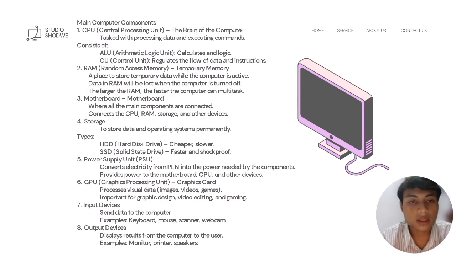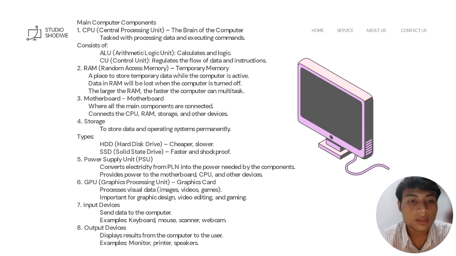Main computer components. 1. CPU, Central Processing Unit, the brain of the computer, tasked with processing data and executing commands, consists of ALU, arithmetic logic unit, calculation and logic, and CU, control unit, regulates the flow of data and instructions.